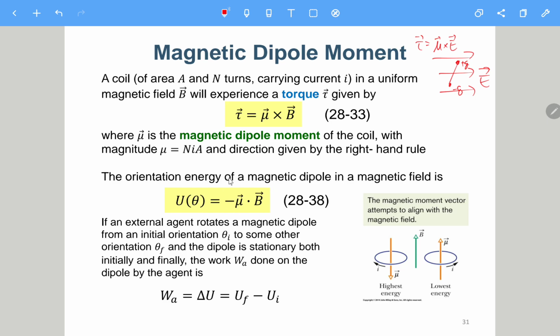Anyway, here we also have the energy stored in the magnetic dipole in the magnetic field. The potential energy U is negative mu dot B, a similar equation to the electric dipole moment.